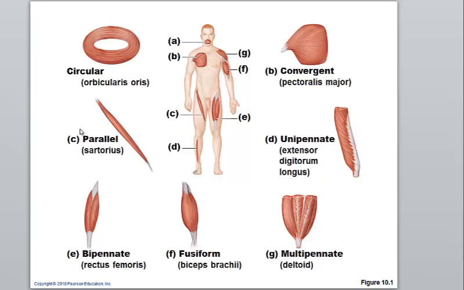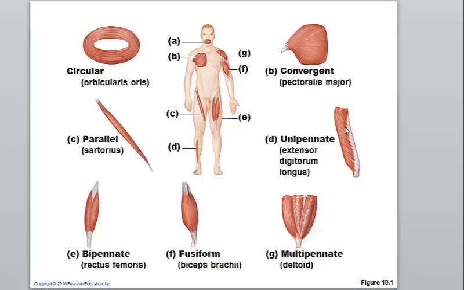The third type of fascicle arrangement is parallel, meaning the fascicles are all parallel to each other. Example is sartorius. Sartorius runs in a diagonal position on your thigh and it helps to cross your legs. So that is basically a parallel arrangement fascicle.